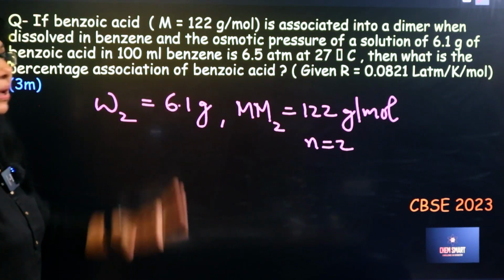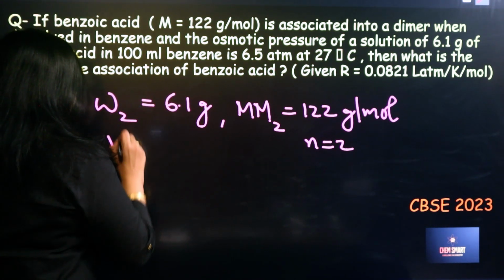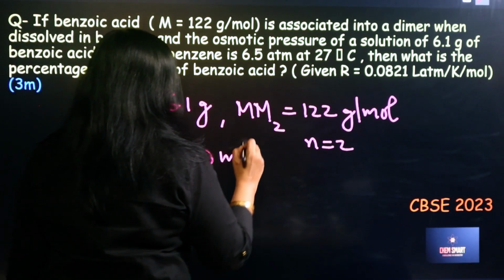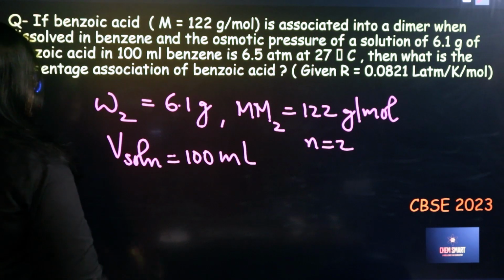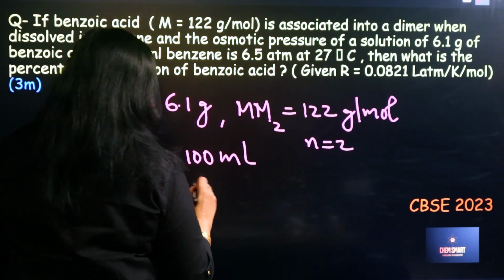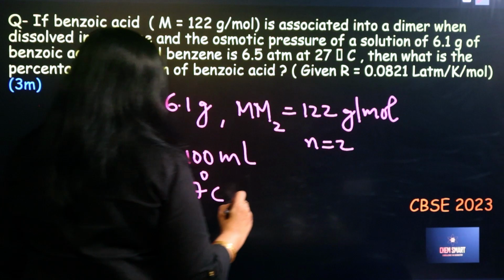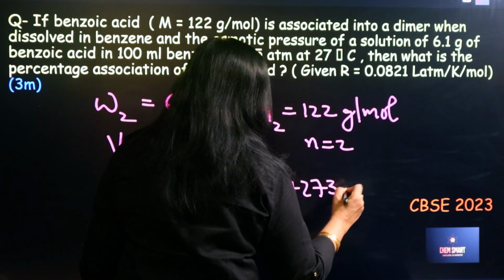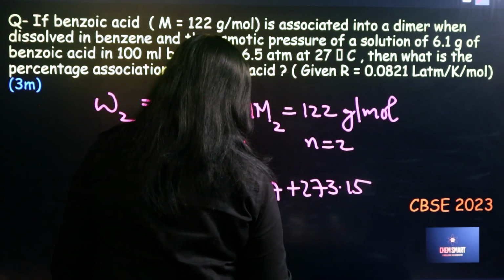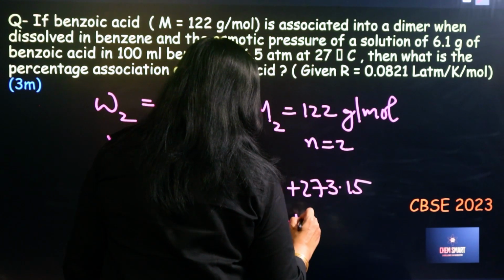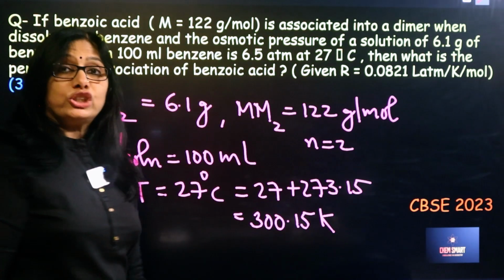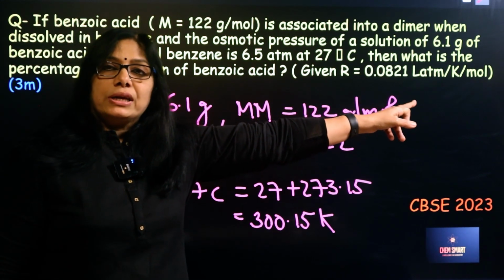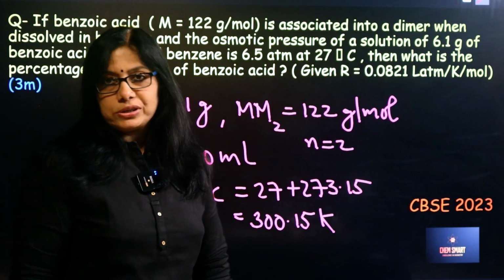Then 100 ml benzene, so the solution's volume is 100 ml. Temperature is 27 degrees centigrade. That means you have to add 273.15 to it, so you will be getting 300.15 Kelvin. It should be converted to Kelvin because the R value is with respect to Kelvin unit.